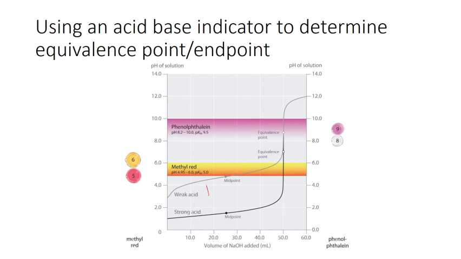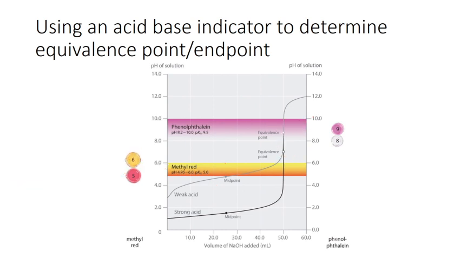With the weak acid, this line, on the other hand, methyl red, because of where the pH changes, would change color around the midpoint, instead of the equivalence point up here. So phenolphthalein would be a good indicator for this particular weak acid, strong base titration, whereas methyl red would not because it changes color way before the equivalence point pH, whereas phenolphthalein changes color right around the equivalence point pH.